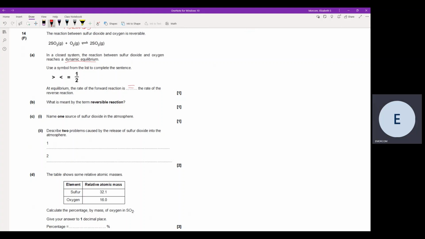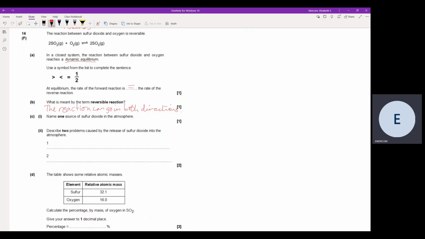What is meant by the term reversible reaction? Well, it means that the products can form the reactants or that the reaction can go in both directions. Name one source of sulfur dioxide in the atmosphere.